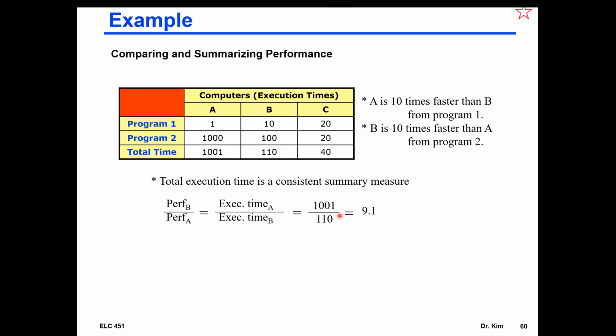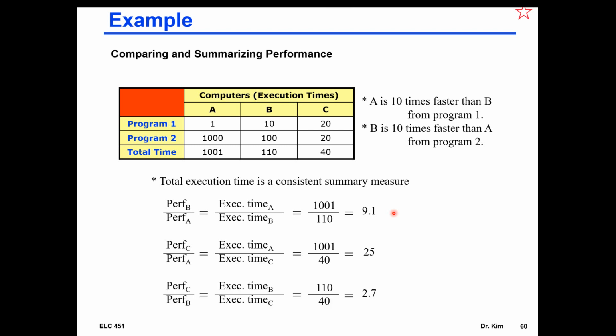And here we can say that the performance of B overall is 9.1 higher than the performance of A. And similarly, we can say that the performance of C is 25 times higher than the performance of A. And that the performance of C is 2.7 times higher than the performance of B. Okay?